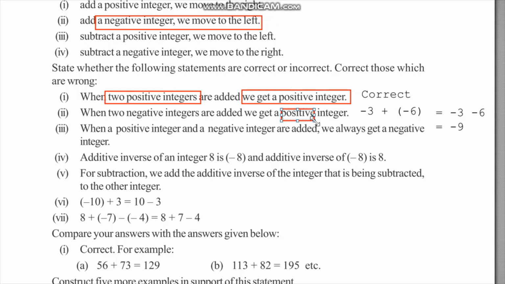Next, the additive inverse of an integer 8 is -8 and the additive inverse of -8 is +8. In mathematical textbooks, it's actually usual for people to write just 8 when they mean +8.